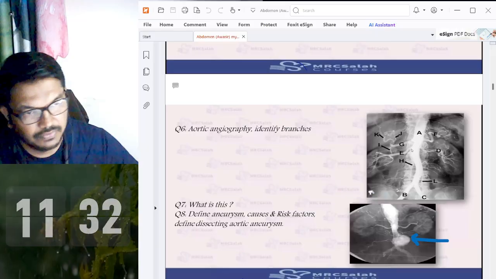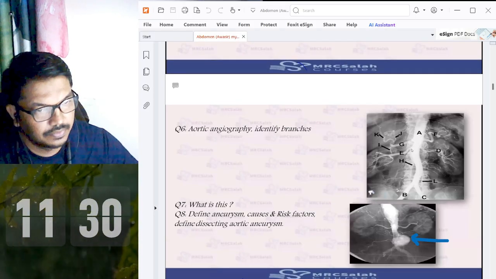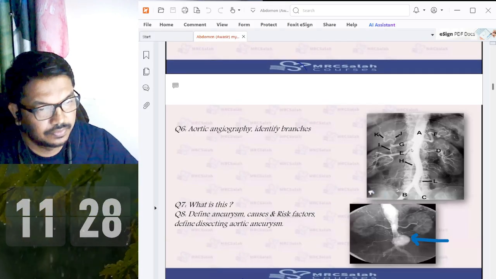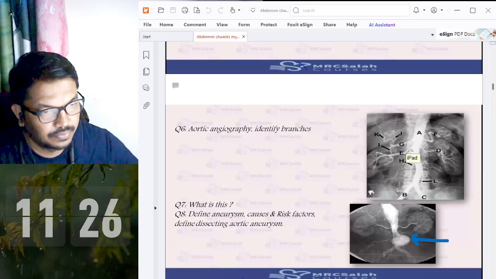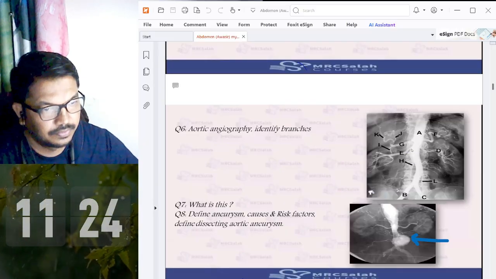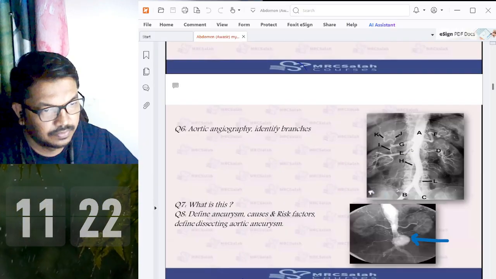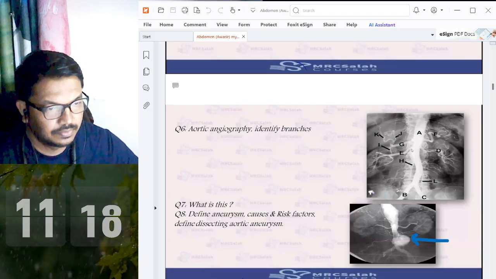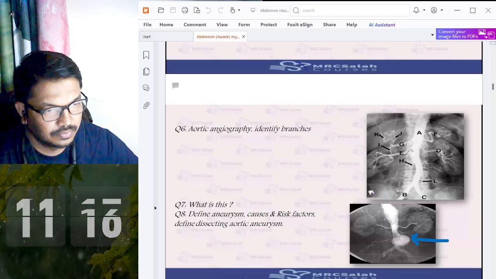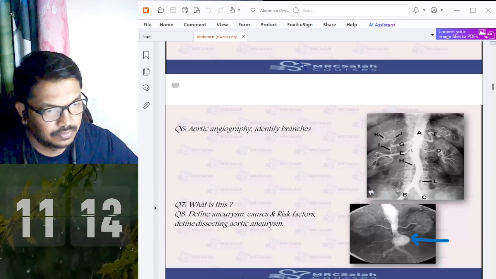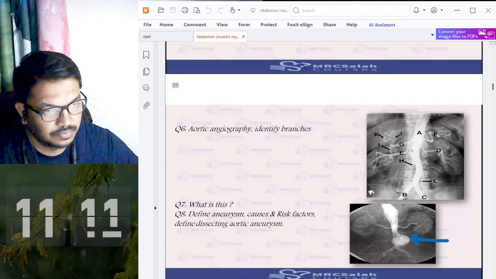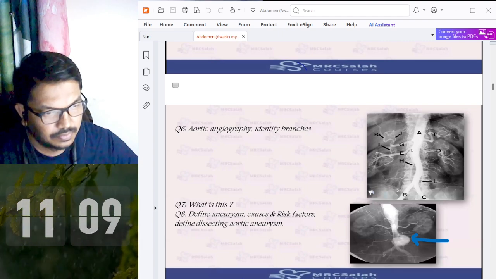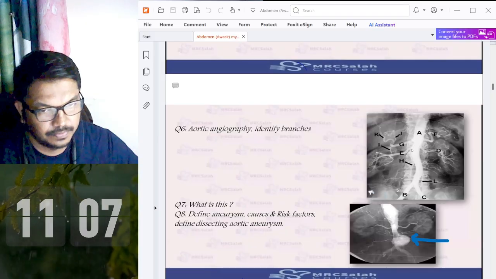F is the splenic artery, G is the common hepatic artery, and J is the left hepatic artery, and K is the right hepatic artery. I is the gastroduodenal artery, and H is the superior mesenteric artery, L is the inferior mesenteric artery. Okay.